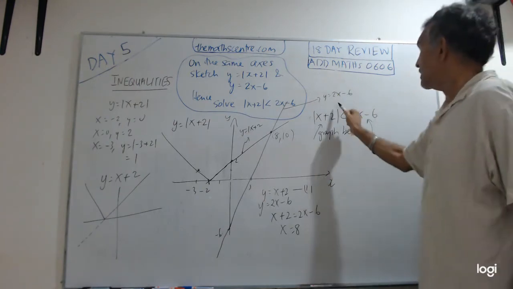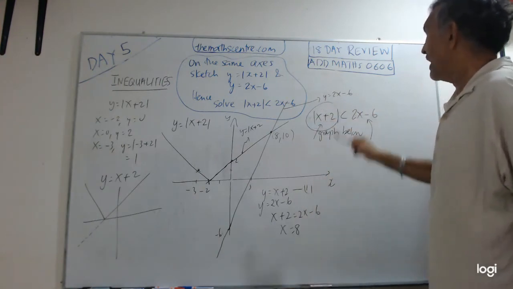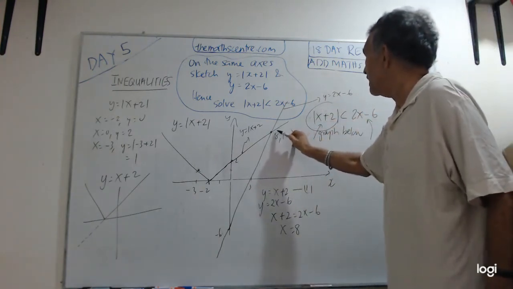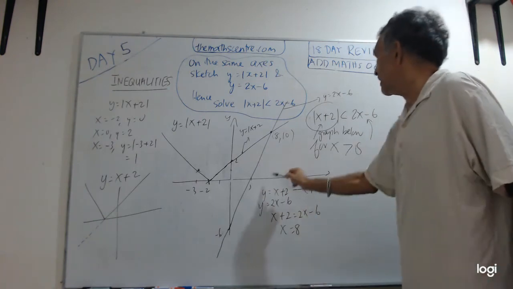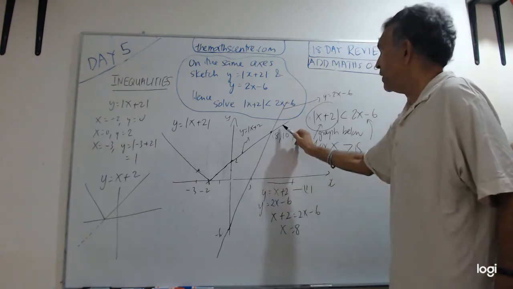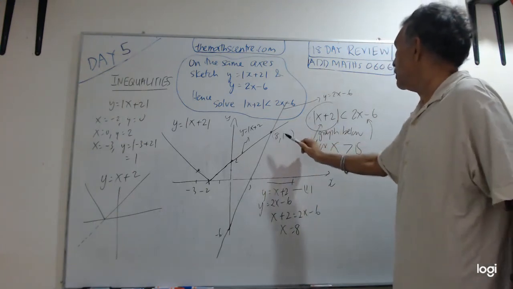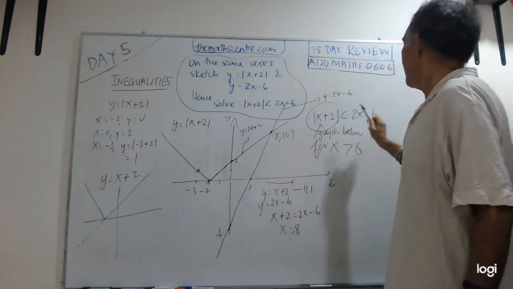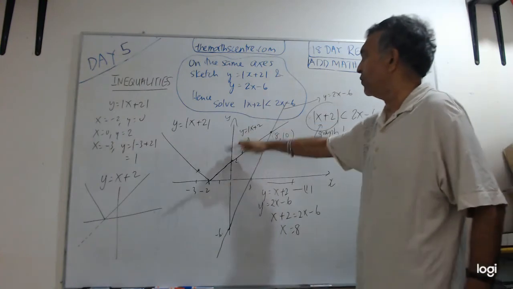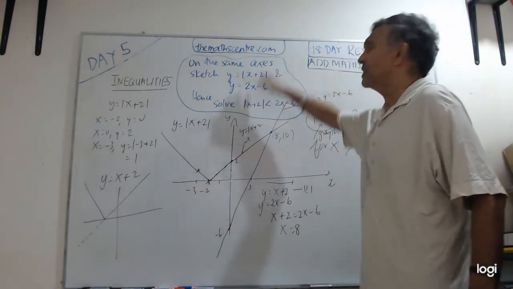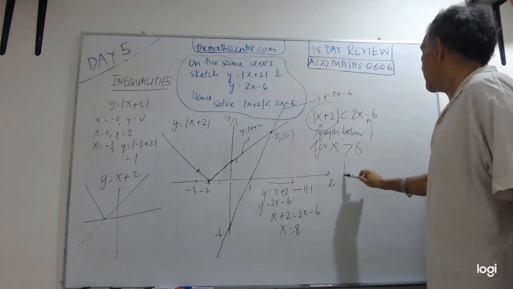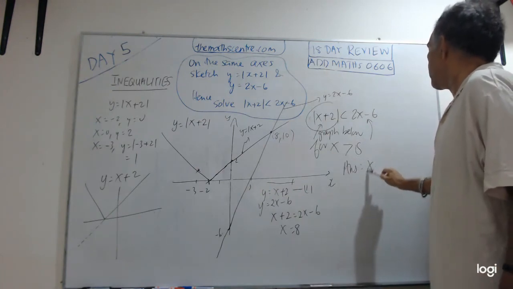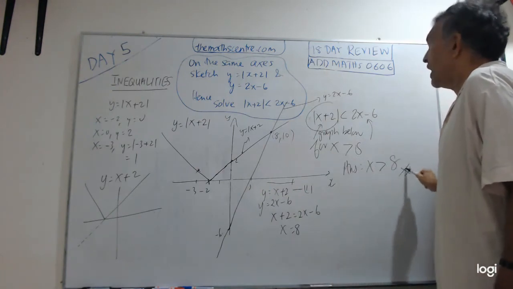That only happens, can you see, for values of x bigger than 8. This is where your |x + 2| is below 2x minus 6. Everywhere else you find that |x + 2| is above. So the answer for our inequality is just x bigger than 8, and we are done.